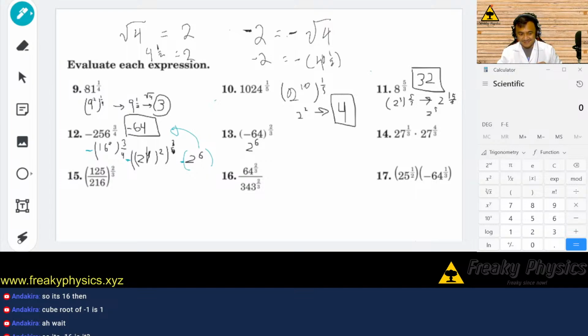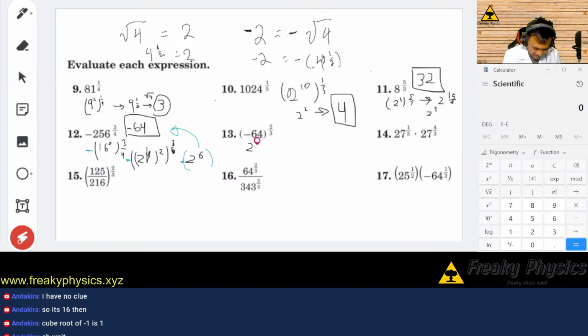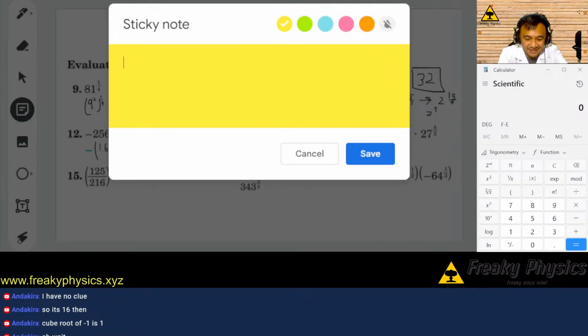Where would the negative go? Okay, I'll give you a clue. Because you have a negative here, and you know this negative is in the bracket, you know this must have a solution, right? I'm thinking that maybe the little power, the degree, should be an odd number. Right, exactly. Odd powers can have negative solutions.